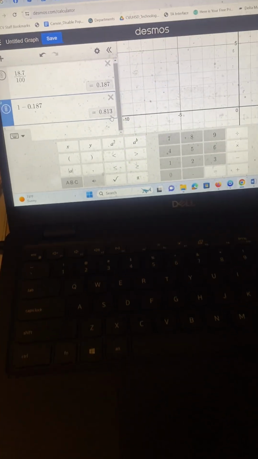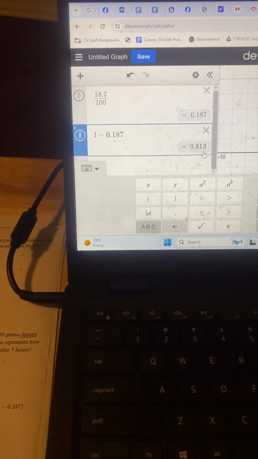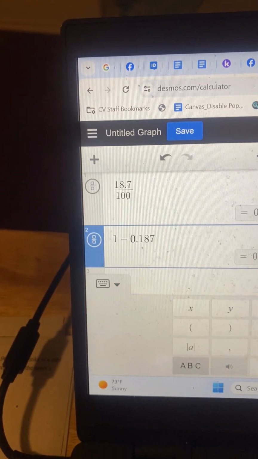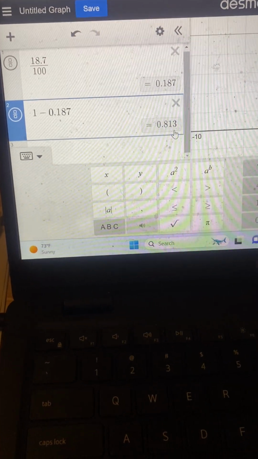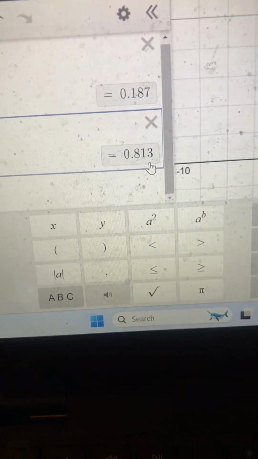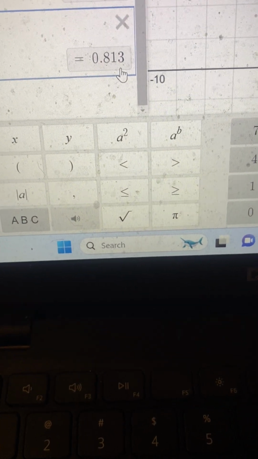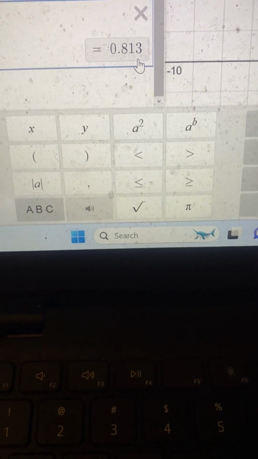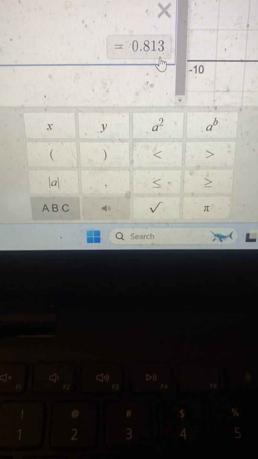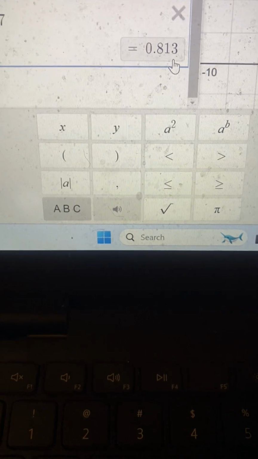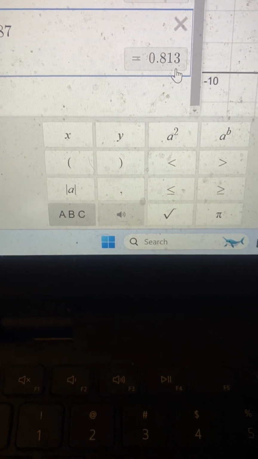That is better. So I'm going to subtract that decimal I made from 1, and that's the number I'm looking for, 0.813. Anything that depreciates, decays, anything decreases, that's what you have to do.